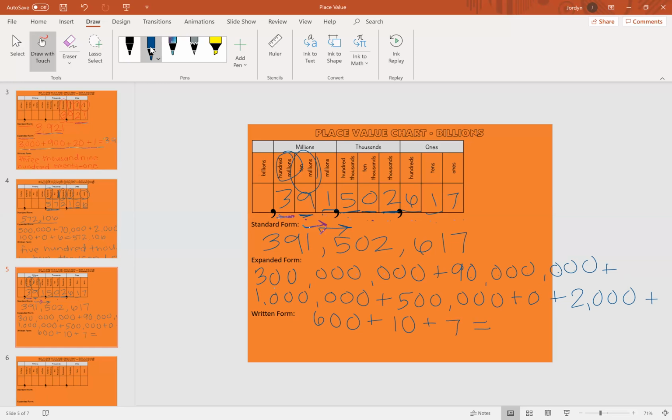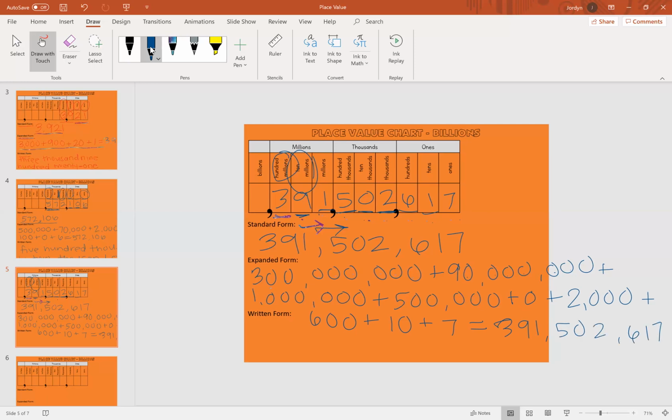So this 300 million plus 90 million plus 1 million plus 500,000 plus 0 plus 2,000 plus 600 plus 10 plus 7 equals 391,502,617. Whoa, that is a lot.